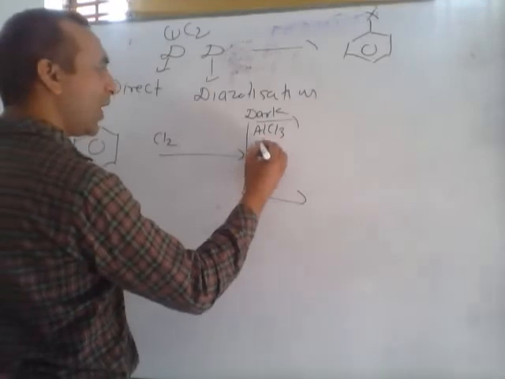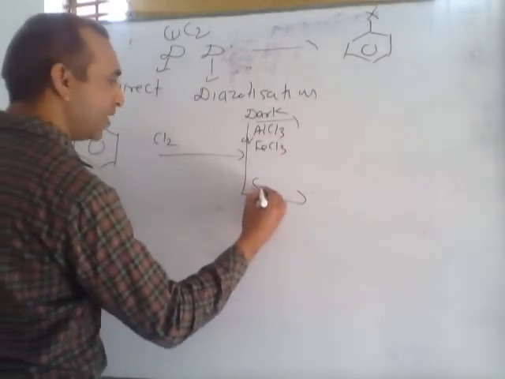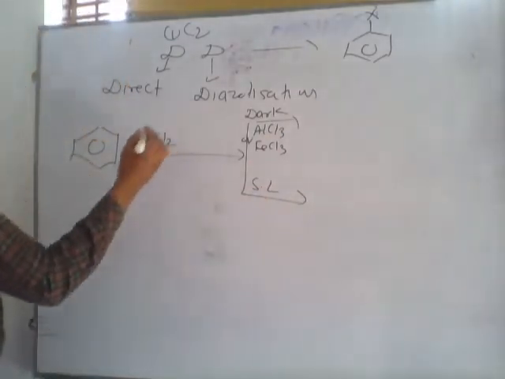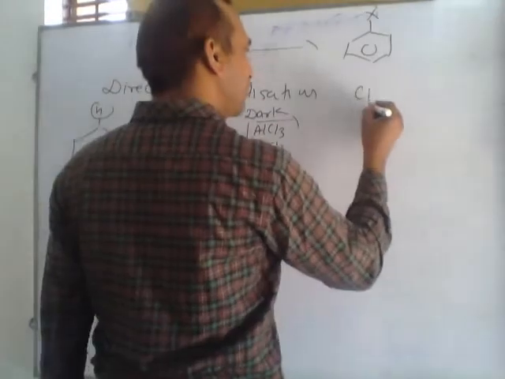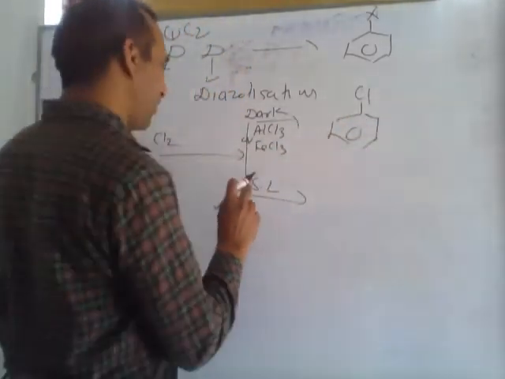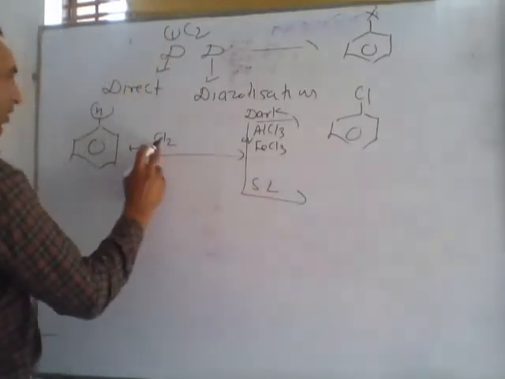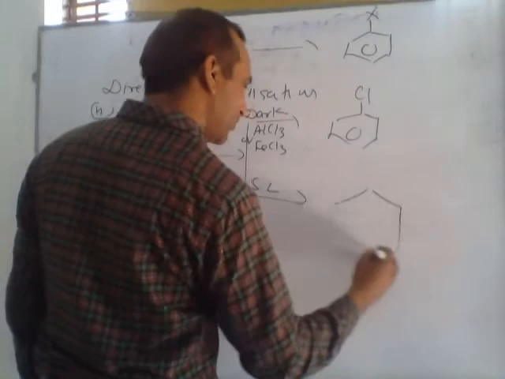You can also use anhydrous FeCl3. Otherwise, the reaction takes place in the presence of sunlight. In the dark, this chlorine replaces a hydrogen and forms chlorobenzene. But in light, chlorine joins on each carbon atom to form this type of compound.